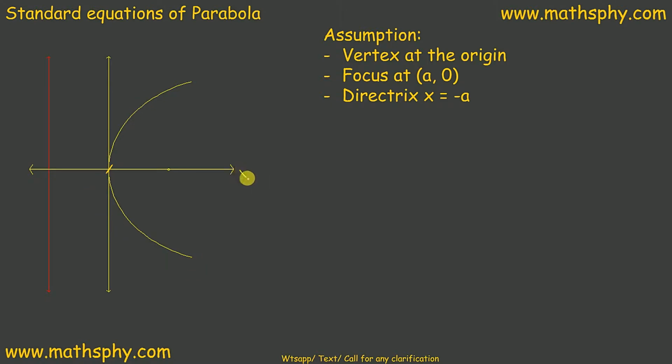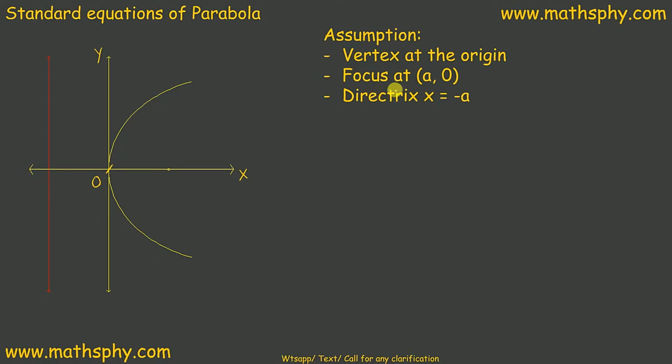This is my x-axis, this is my y-axis. This point will be origin. This is what this assumption talks about, vertex at the origin. This point here, which is the vertex, is exactly sitting on the origin of this plane.